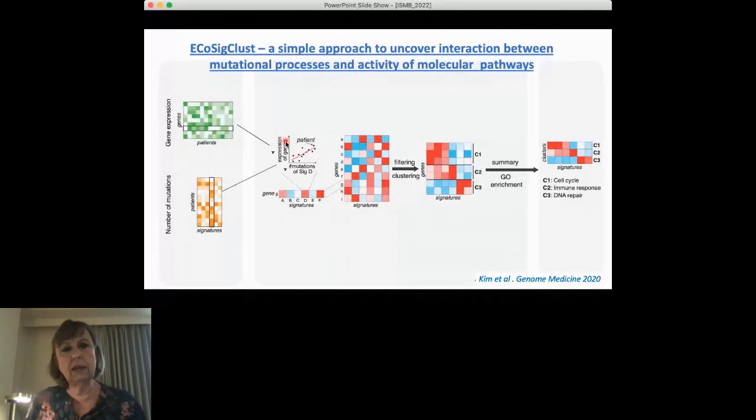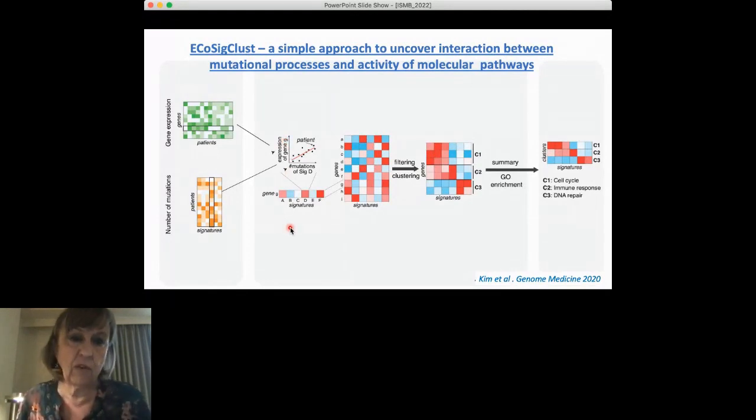Obviously, one of the natural questions would be, are there any genes whose expression or pathway whose expression correlate with emergence of a given signature? So that's the first question we ask.